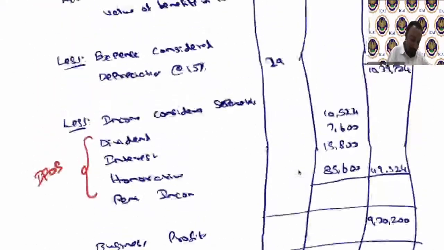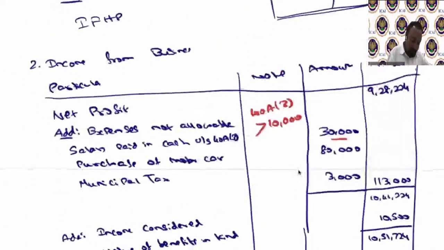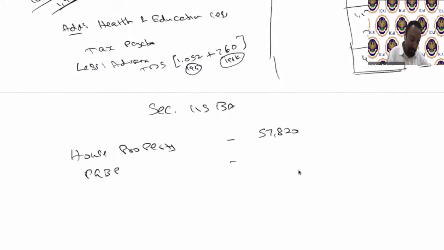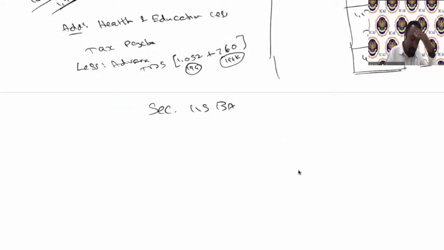Your house property was 57,820. So you take 57,820 as it is. PGBP: whatever you need to do, basically no adjustment. So you take it as it is. There is nothing that needs to be adjusted for. So you don't have any adjustment. You don't have loss from house property.